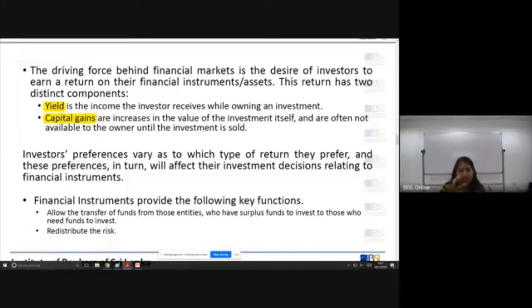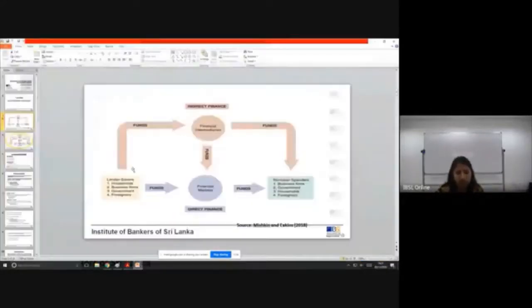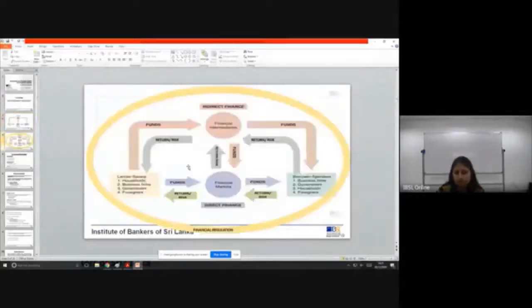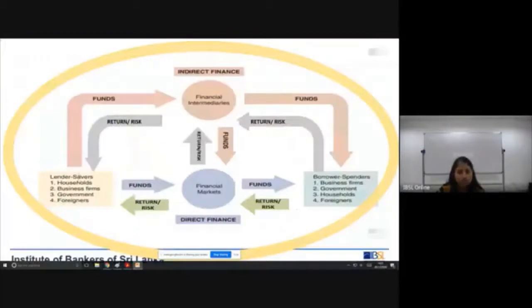Remember, when the financial instrument movement occurs, fund moves from the surplus unit to the deficit unit, and the risk and the return also come from the opposite angles. For this movement to occur, the financial instrument is what is moving. So fund movement happens and the instrument moves in the opposite direction, redistributing the risk to the other parties.